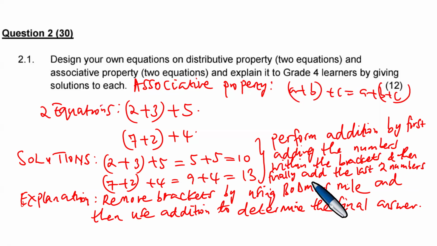Okay, so perform addition by first adding the numbers within the brackets and then finally add the last two numbers. In this case, that is one way to explain it.